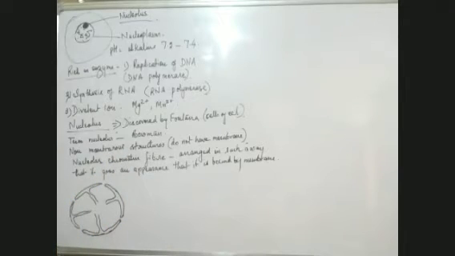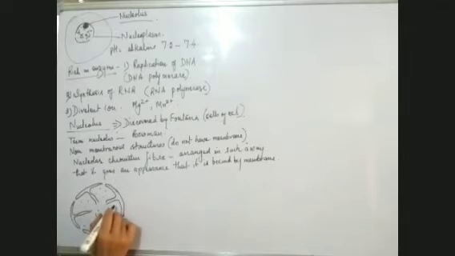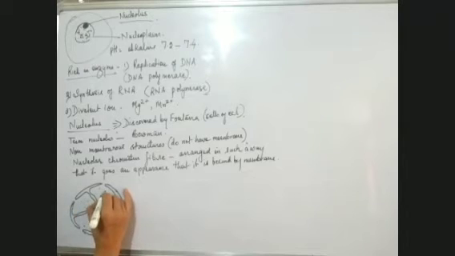Now, a few more things I want to tell you. Inside we have this ground substance, and besides this we have some darkly stained granular structures. These are granules of ribosomal RNA.